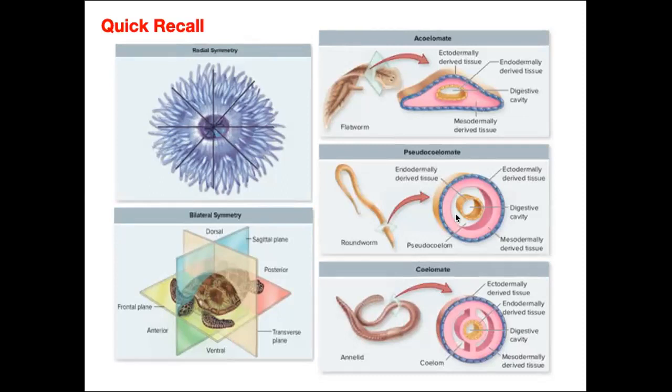So meron kang space for the internal organs, pero walang compartmentalizations. Okay? And we also have the coelomate. Coelomate are those higher forms of animals na kung saan each of these internal organs is housed or surrounded rather by tissues that's derived from the mesoderm. Okay? So dapat klaro na yan sa atin ngayon.